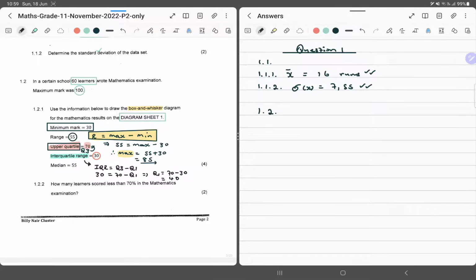Not a problem. That is important because we need that value. And then we are told here the median is 55. So that's fine. So the median is halfway.